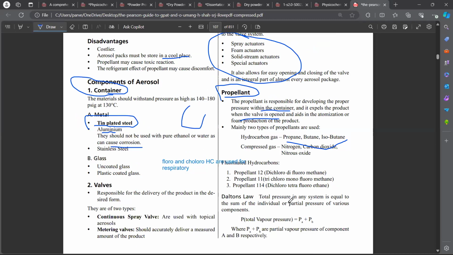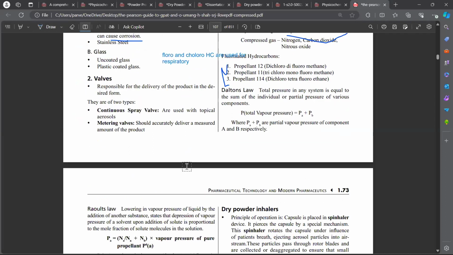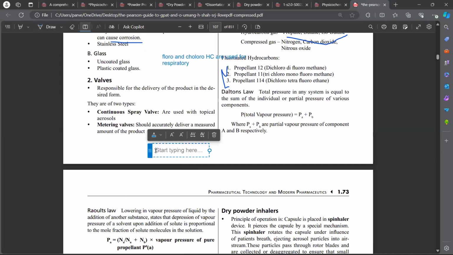The most important thing in aerosols is the numbering of these propellants. This numbering is very, very important, guys. It consists of three digits. Let me first show you how to do the numbering. Let us consider one number as 114.